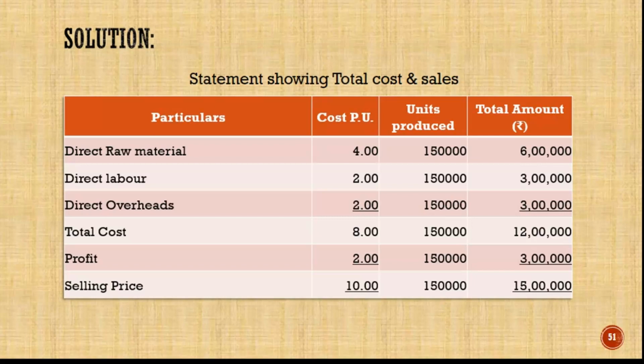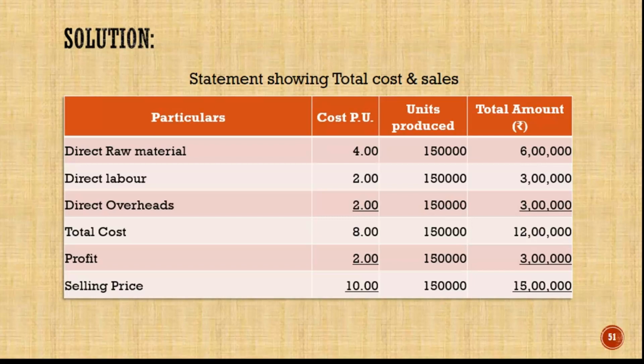Profit is the difference between the two, that is sales price minus total cost will give you the profit figure. So I know sales price is 10 rupees and I calculated total cost as rupees 8. So the difference between the two is 2 rupees. By this way, we first were able to identify this cost per unit.